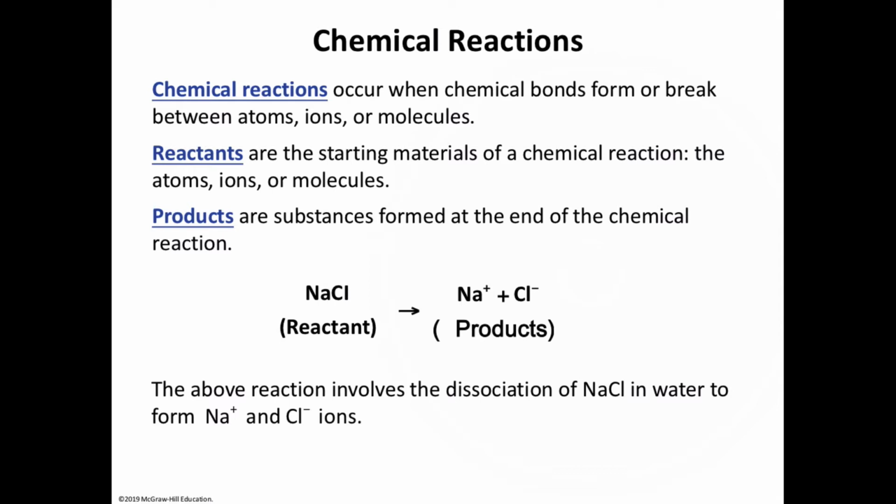It's just giving you that dissociation of sodium chloride in water into the sodium and chloride ions. So from here, just keep in mind that an ion is an electrically charged particle. And we'll get to that more in just a moment.